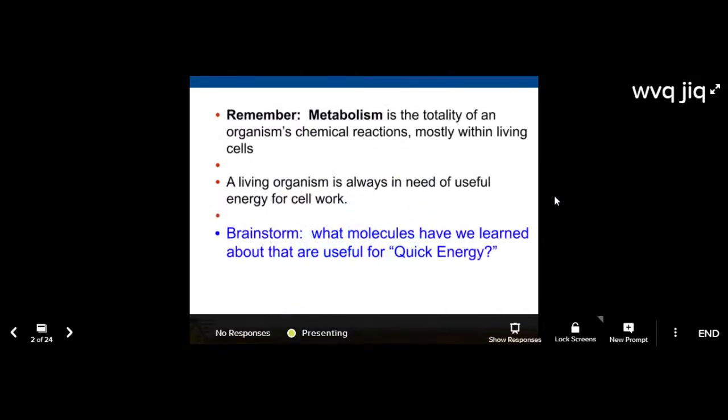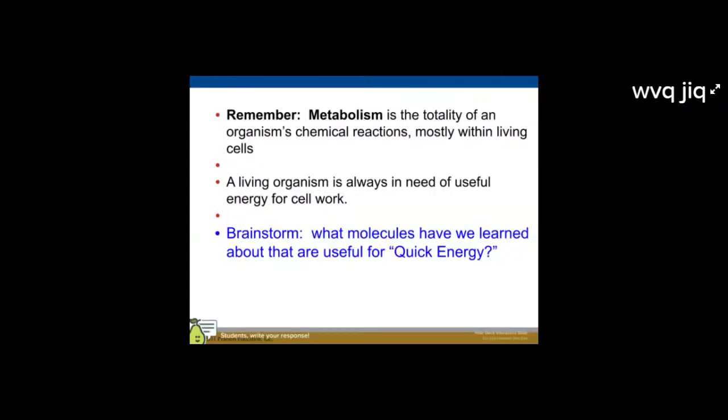Remember that metabolism is the totality of all the organism's chemical reactions. A living organism is always in need of useful energy for cell work. Okay, brain, what molecules, plural, have we learned about that are useful for quick energy? I'm wondering what you come up with here.